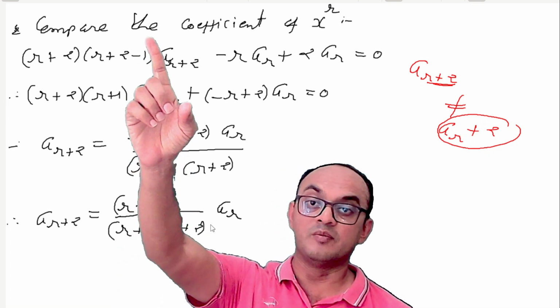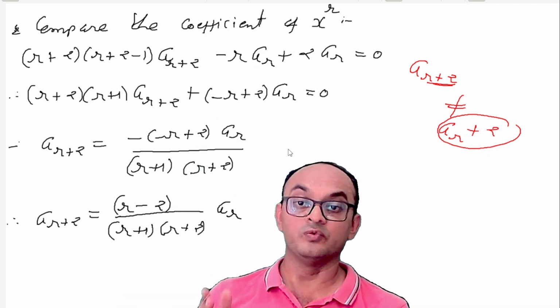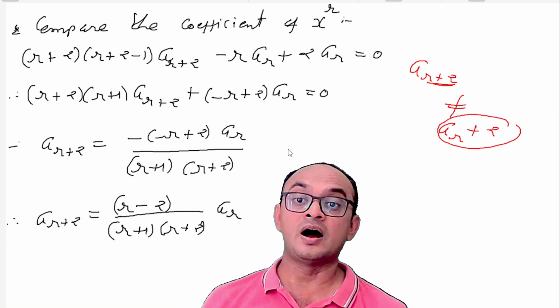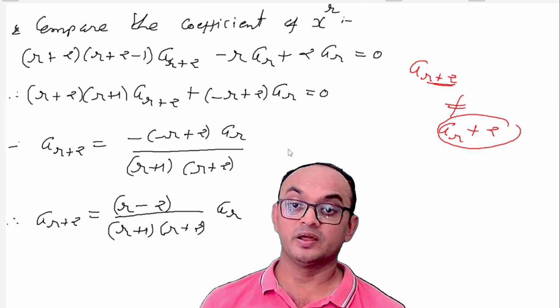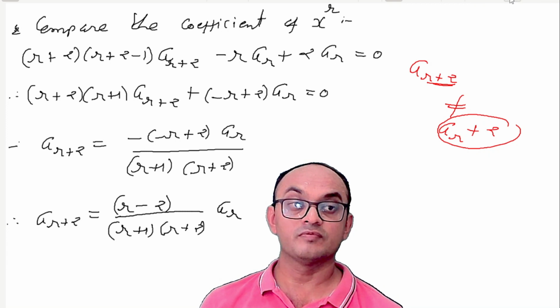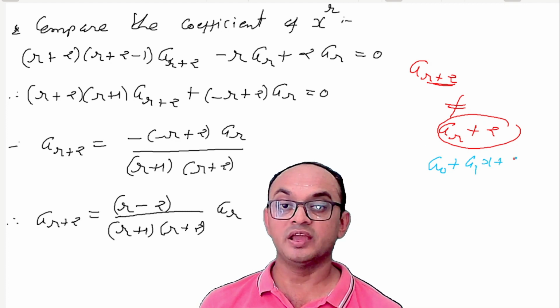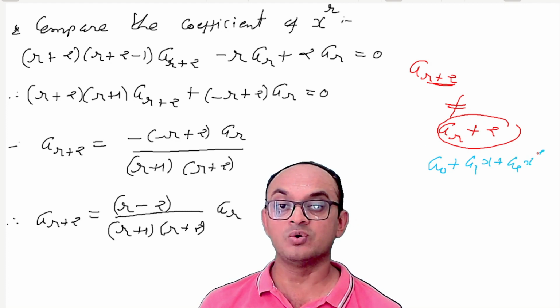Now, this is in general, compare the coefficients of x raised to r. For which values of r is this true, right? What was our assumption? yx is equal to a0 plus a1x plus a2x square and so on.